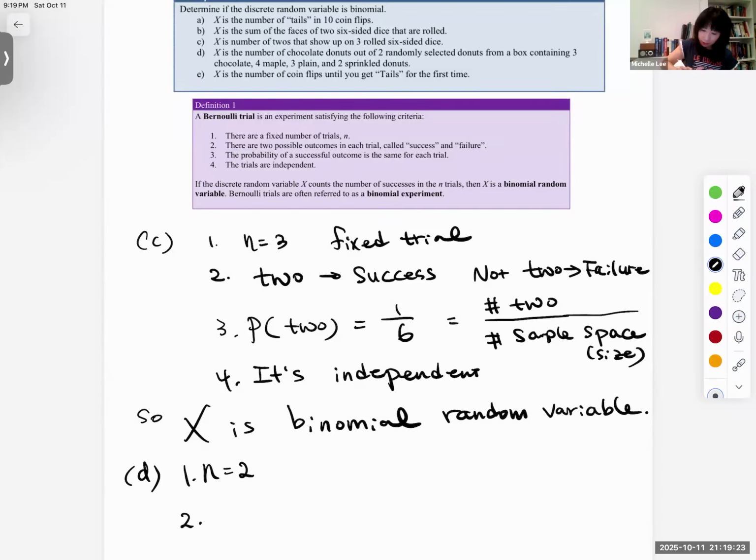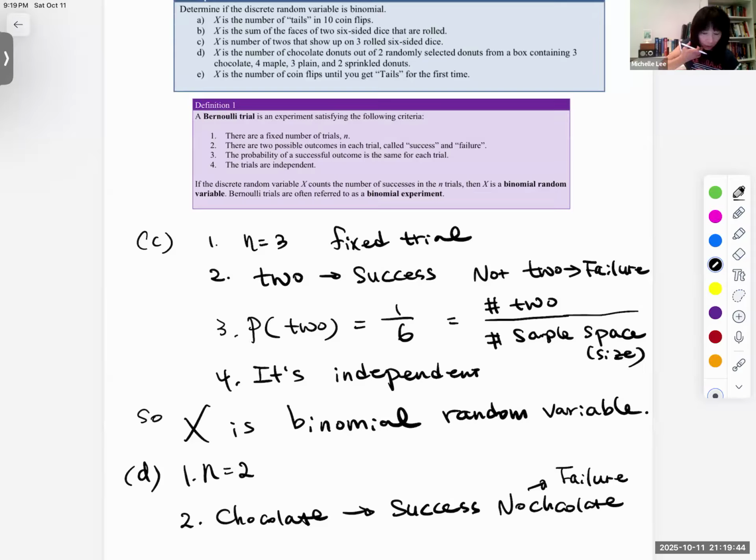Getting chocolate is success, right? Chocolate, success. No chocolate, failure, right? Failure.